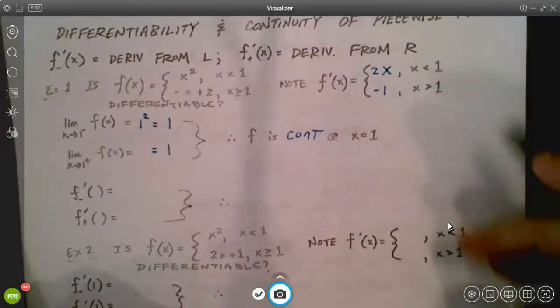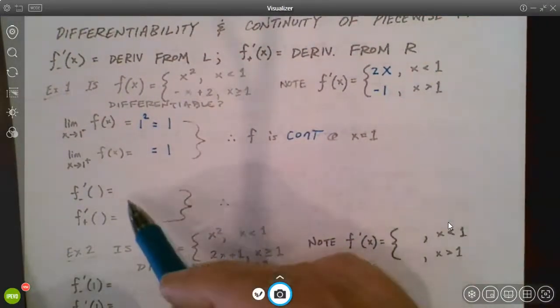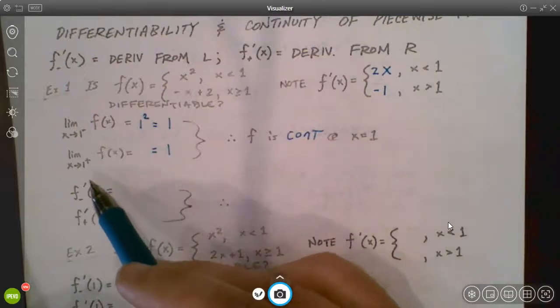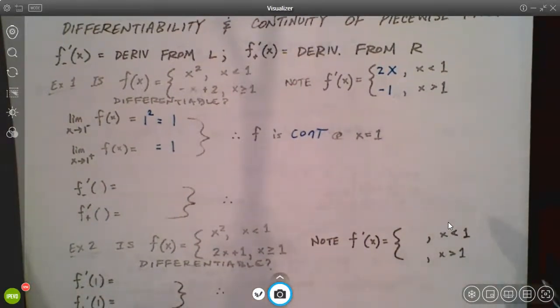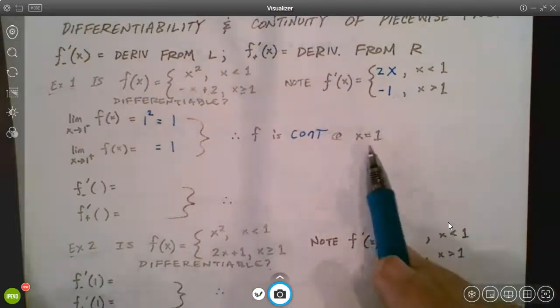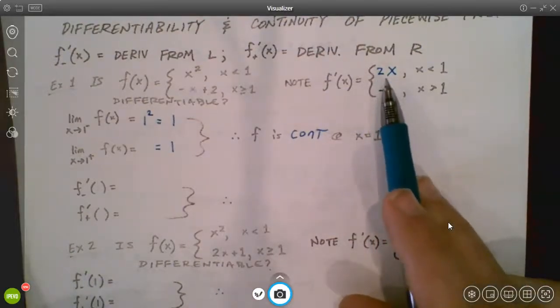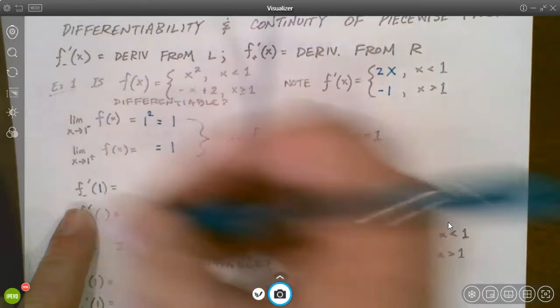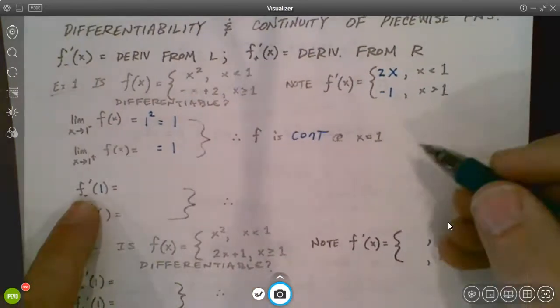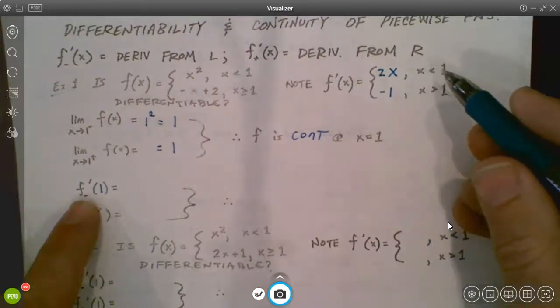Let's look at the second part. So now if we consider differentiability, we need to take a look at the derivatives and see if the slopes are the same on both sides. So as we look back up at these two functions, as we approach 1 from the left, here's the one for x less than 1.